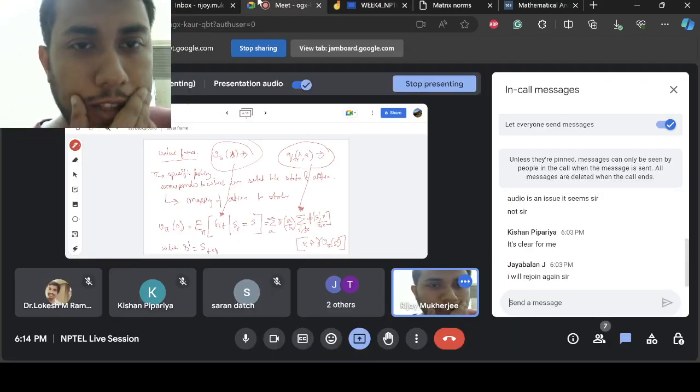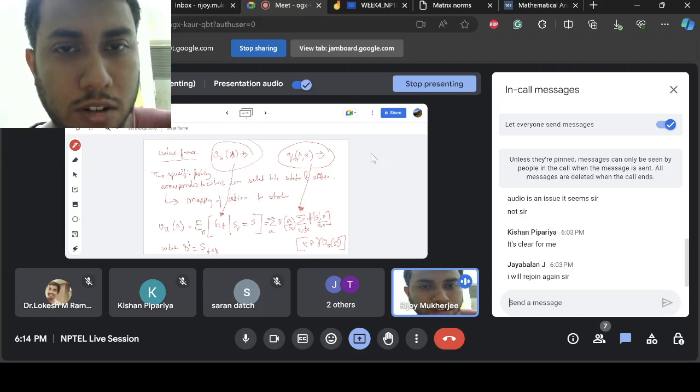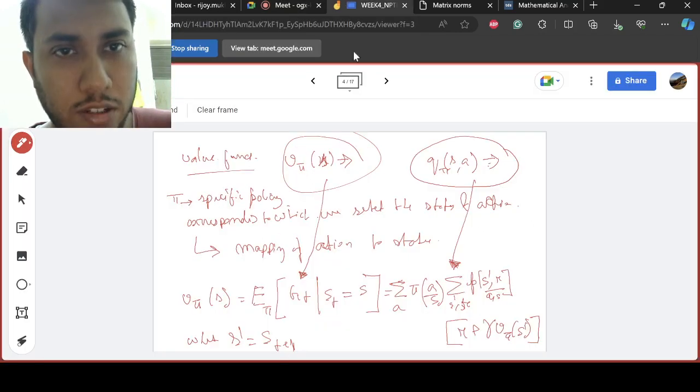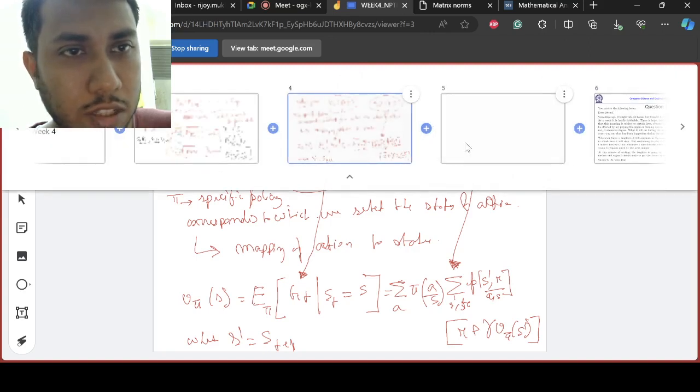If you want to get into the details of how we get this equation, I can give you a hint how we are getting it.